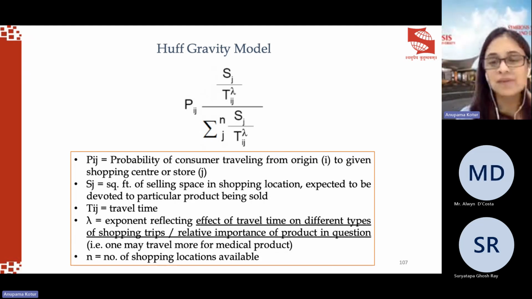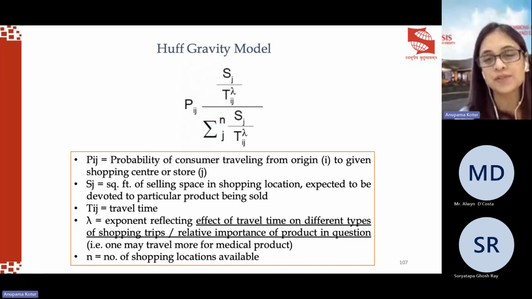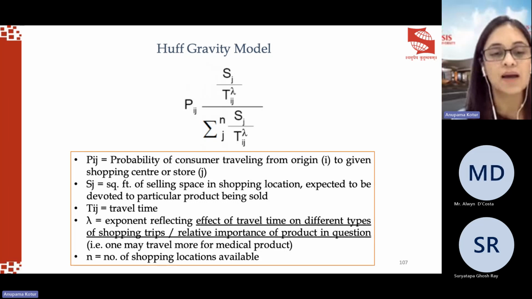So there is probably a need for you to look at an alternate location, right? So you would definitely want to choose a location that has the highest probability percentage of consumers traveling from their point of origin to the store. That's what we are trying to calculate here, PIJ.